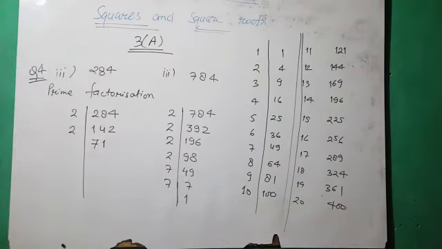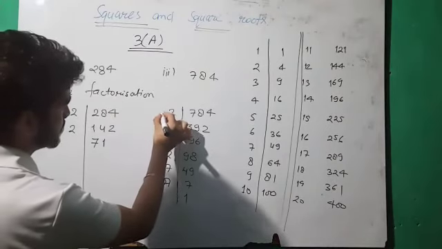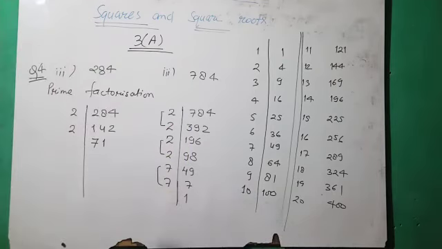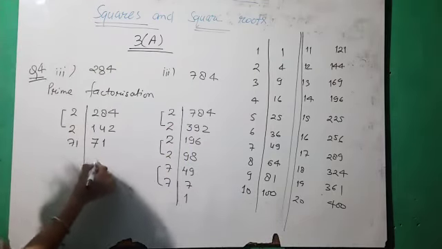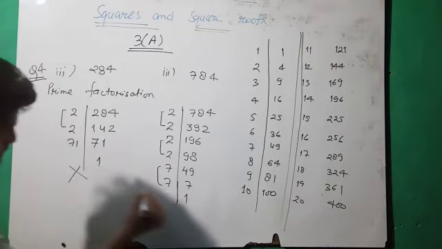For a perfect square, the prime factors must occur in pairs, in a series of twos. Here we have 2 times 2 and one factor of 71. So this one is not a perfect square, and this one is a perfect square. Why?